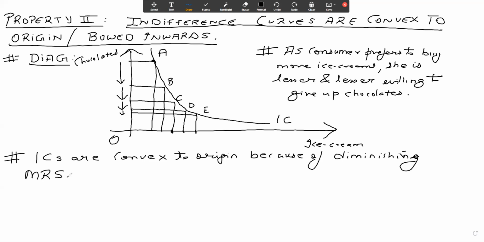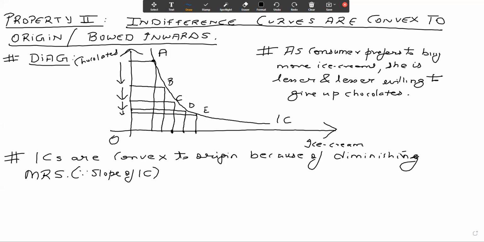What is marginal rate of substitution? It is nothing but the slope of the indifference curve. So our indifference curves are convex because of diminishing marginal rate of substitution.